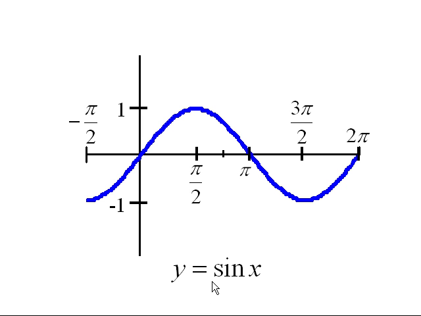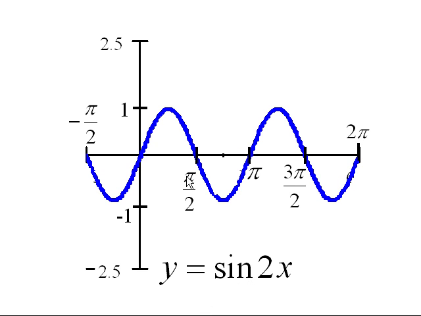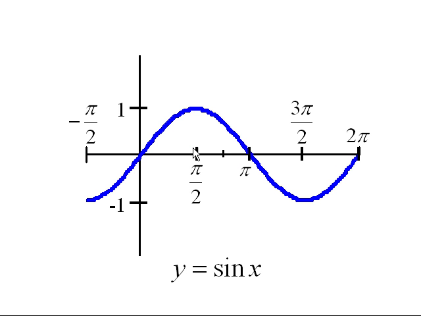So let's start with sine of x as a generic graph, and we'll change it by doing some transformations. Sine of 2x squeezes it so that instead of having a period in an interval of length 2 pi, it has a period in length pi. That means there's room for 2 periods in the interval from 0 to 2 pi. Go back. 1 period in the interval from 0 to 2 pi: up, down, back up again, and ready to start again.